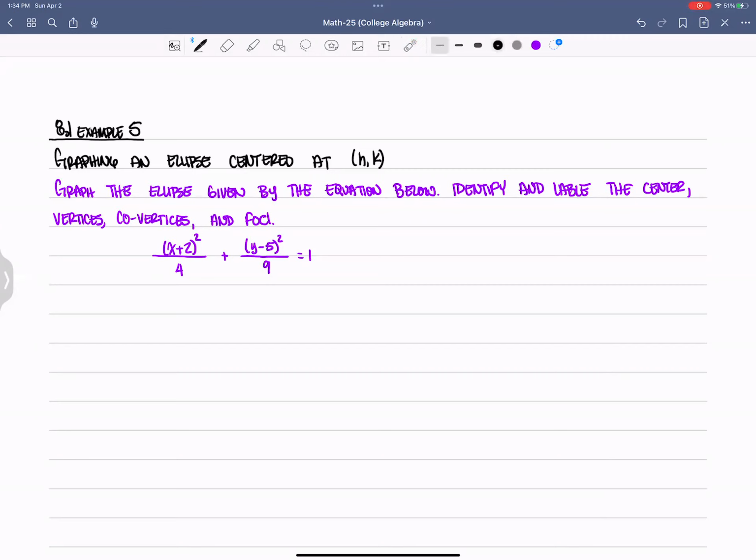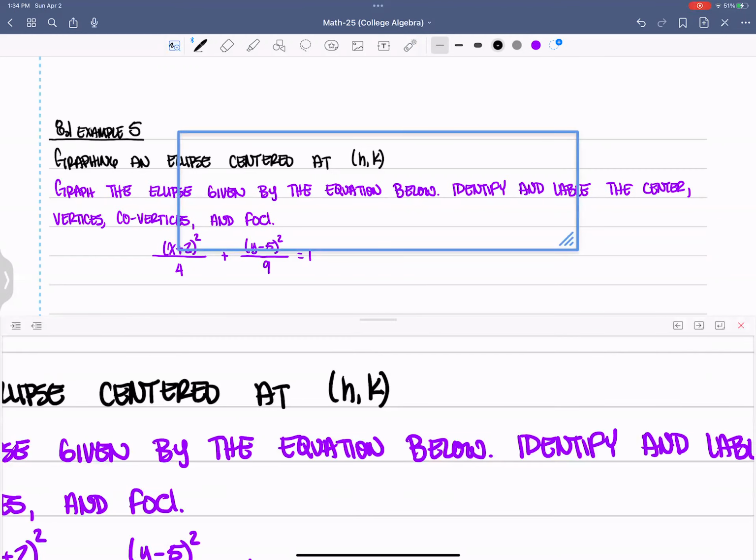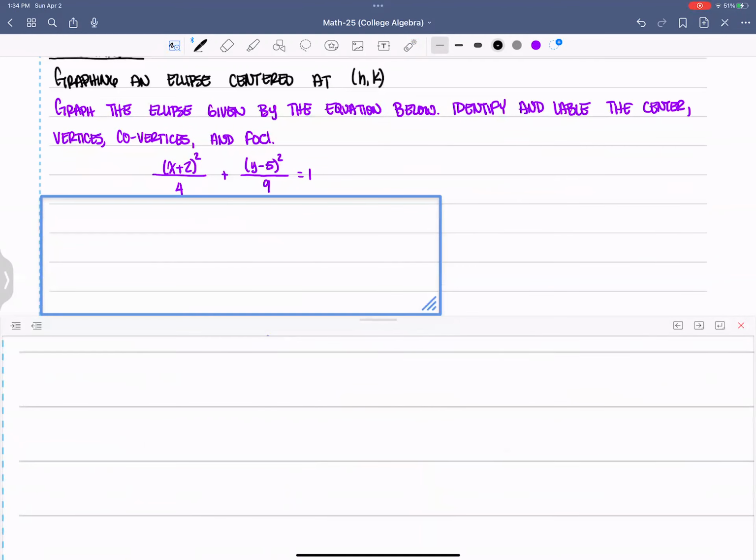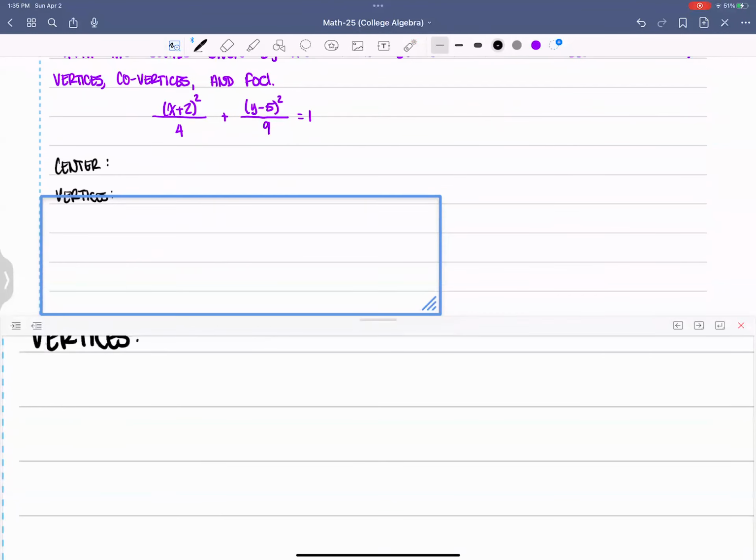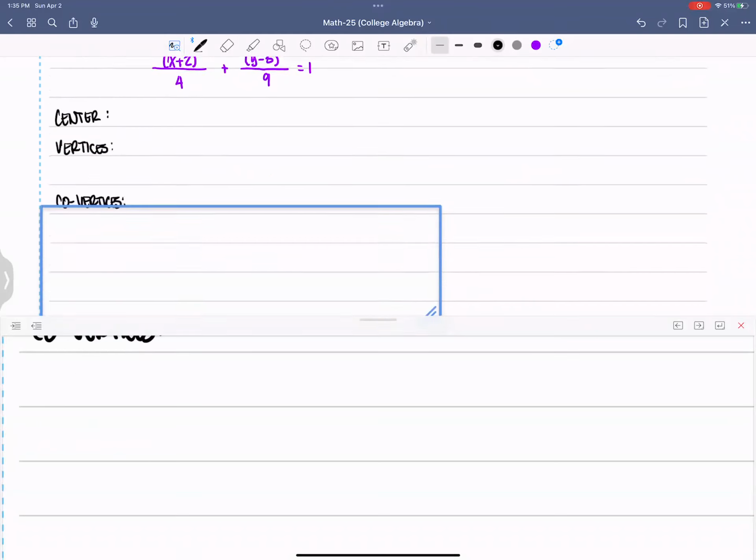So starting off with center, vertices, center, then we have our vertices. We need our co-vertices. And lastly, the foci.